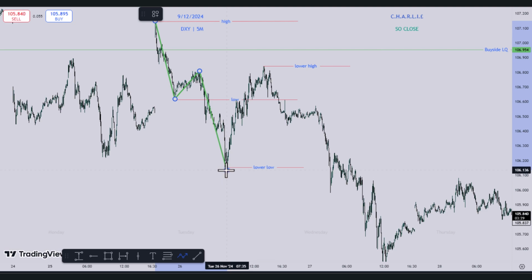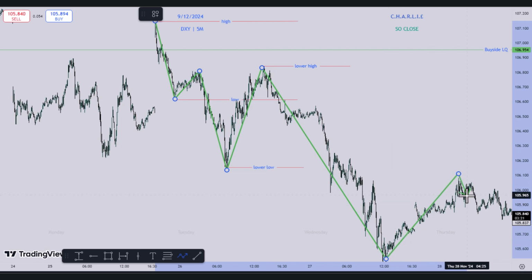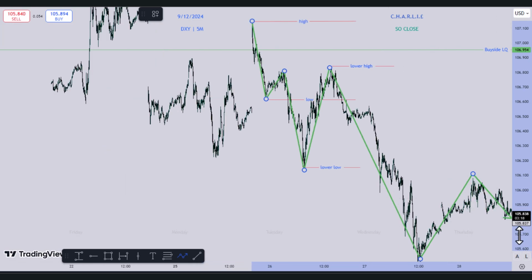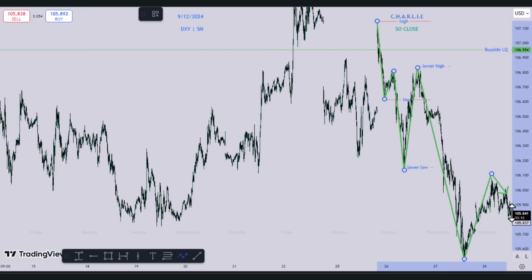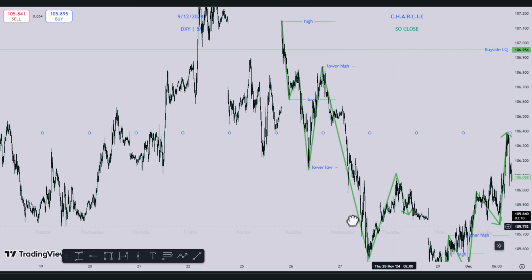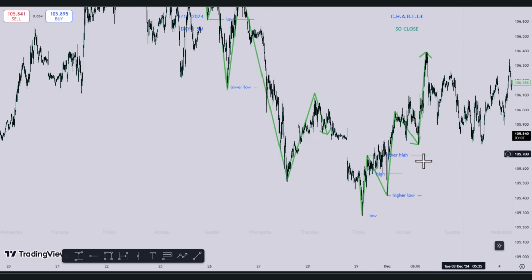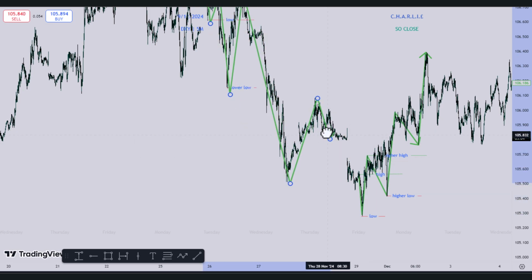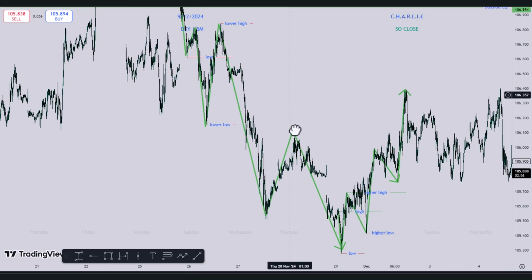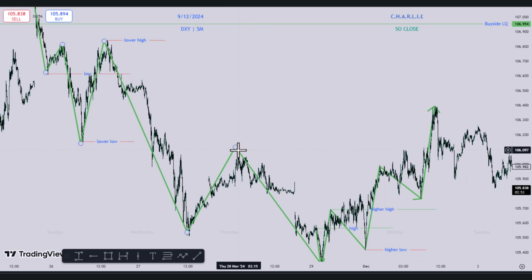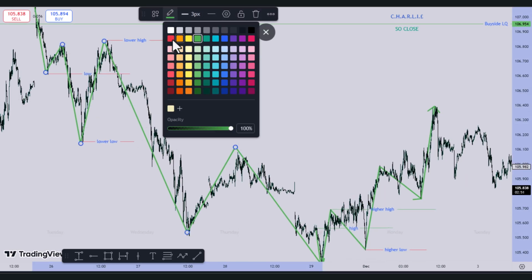Yeah, this did not take out that. Then we have this. We have this return. Until this low here. That right there is our bearish trend.